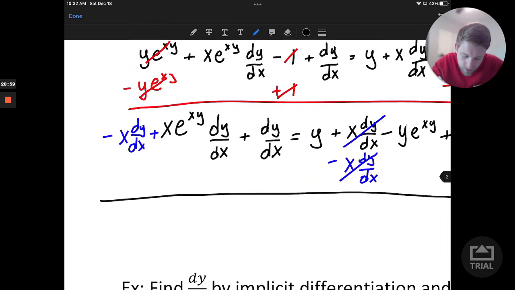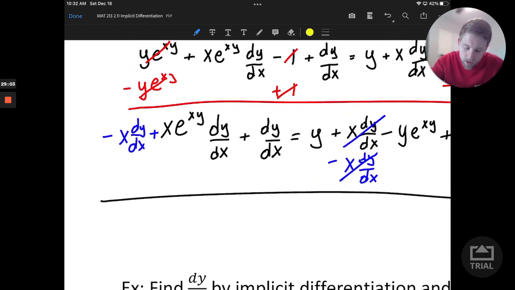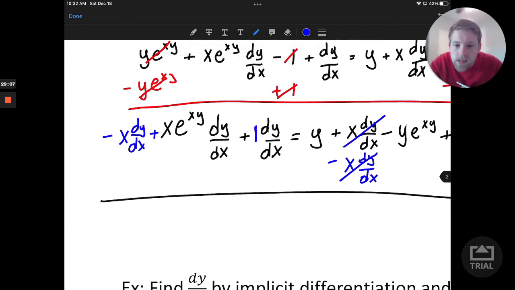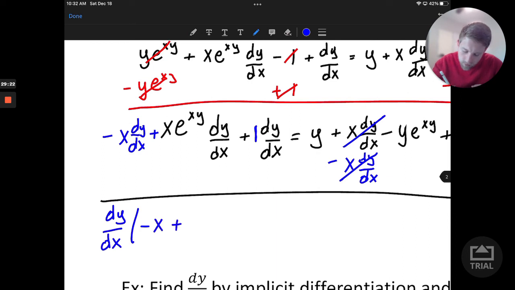Notice that a dy/dx term here is just going to have really a 1 in front of it. So we'll use that as a positive 1 when we group. And we can group in any order here. So if I pull out a dy/dx out of that side, we'll have a negative x plus x e raised to the xy, and then we'll have a plus 1.